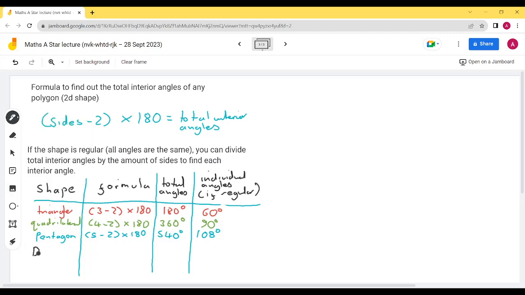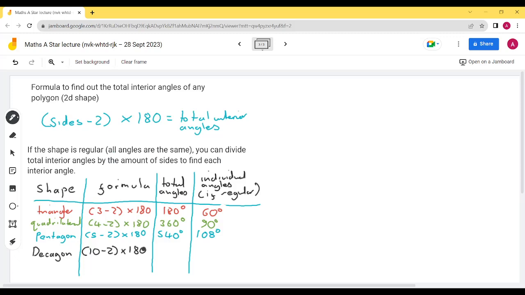For example, a decagon, which is a 10-sided shape, could be a bit confusing. The prefix dec does mean 10. It's just the Romans messed up the calendar, which is why it's the 12th month. But decagon, it's a 10-sided shape, so you've got 10 minus 2, which gives us 8, times that by 180.